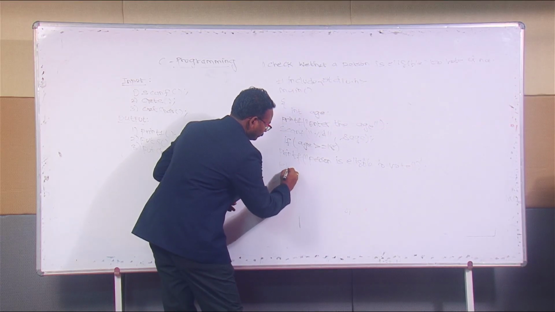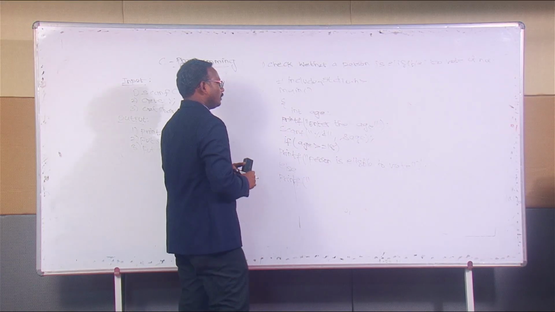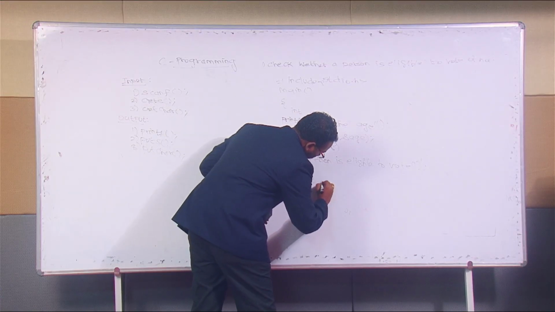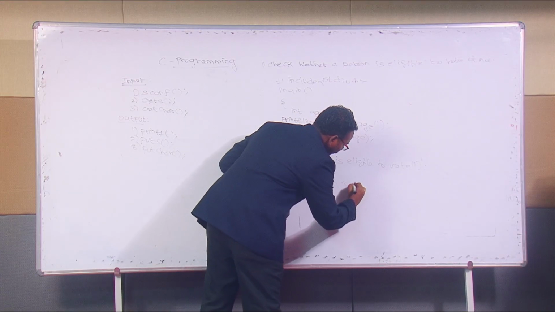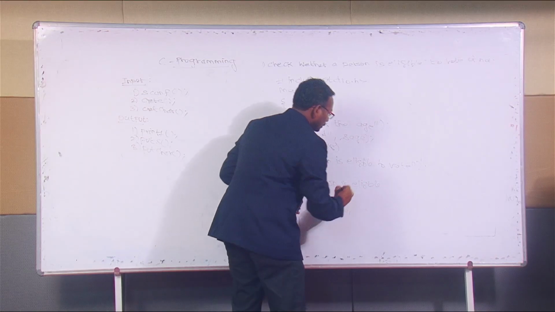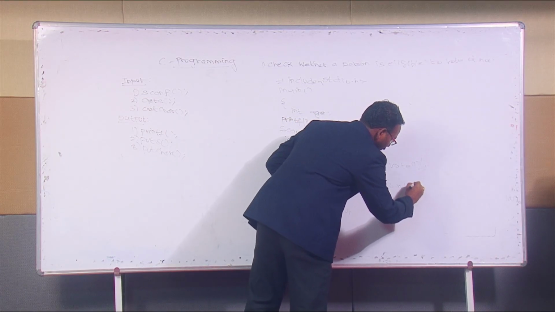Else printf, if the condition is failed, then the person is less than 18 years, means person is not eligible to vote.